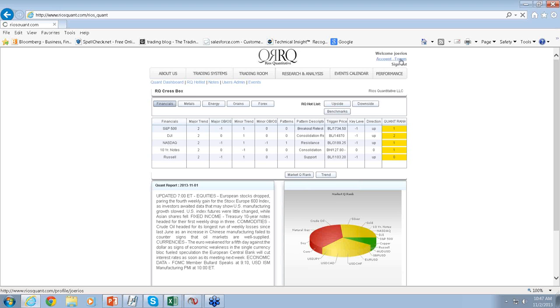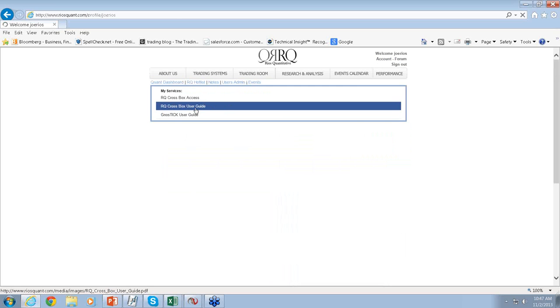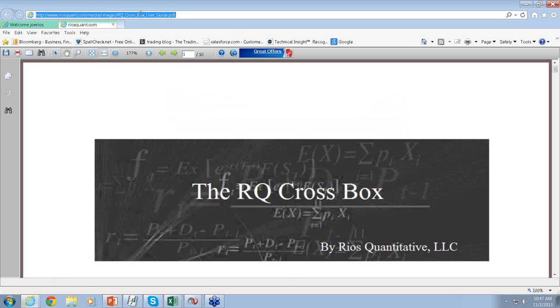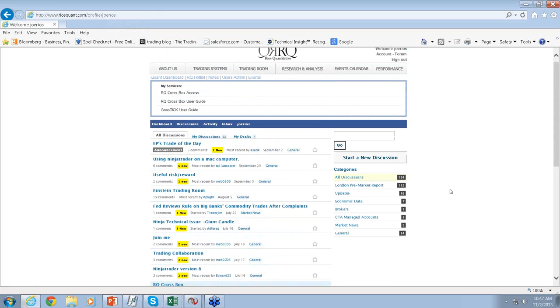I'll give you guys the link, which is really easy. All I got to do is grab this link right here, copy it, and there it is in the chat box. There is your RQ Crossbox user guide that you can save to your desktop.